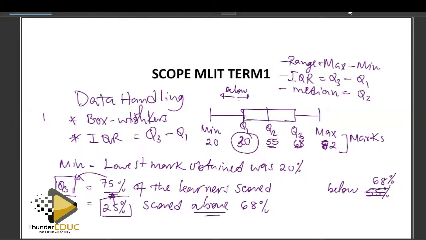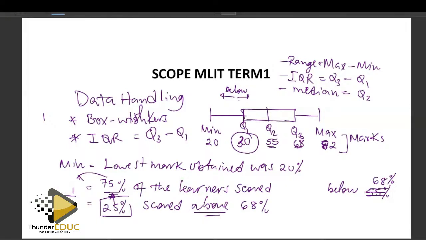Above. Definitely, the last part of it, you will say the maximum. The maximum has no percentage. You just put the value there. So maximum simply meaning the highest value. All right.